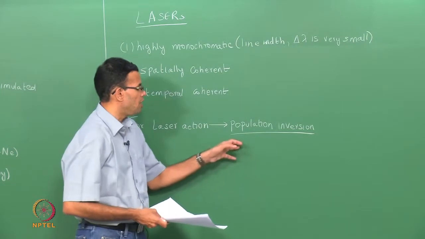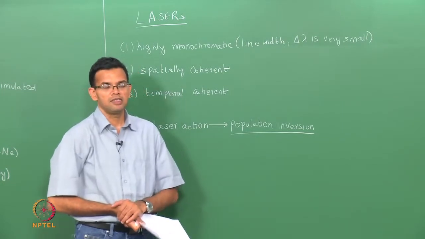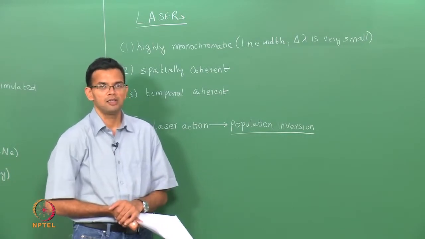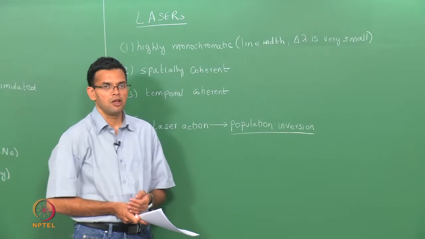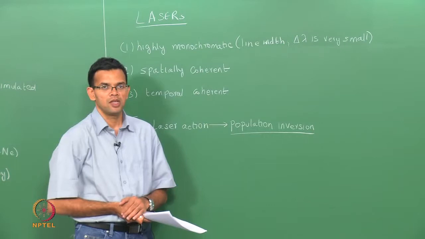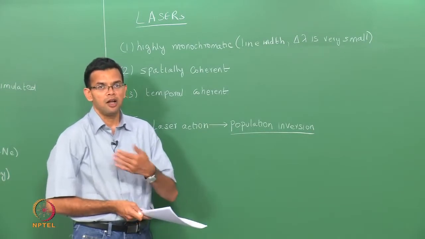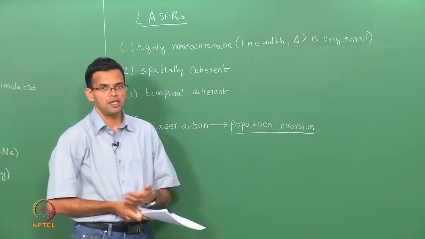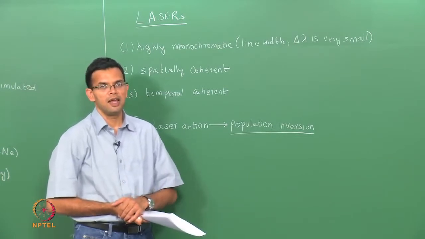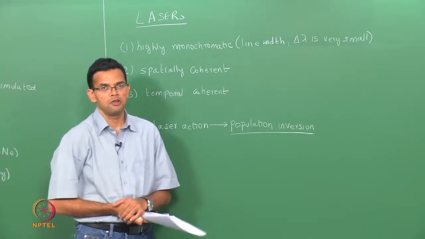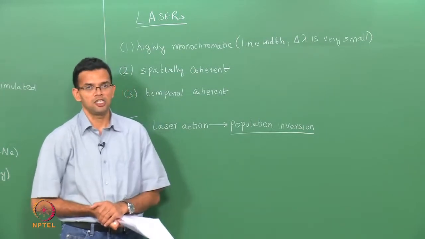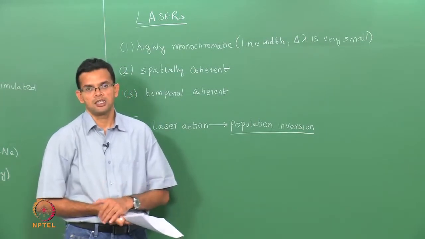When we achieve population inversion, we have an incident radiation that strikes your material. This is the stimulated emission part. This incident radiation causes the particles to go from the excited state to the ground state, and when they do, they emit an output radiation which is in phase with the incident radiation. So this leads to stimulated emission and basically is responsible for the laser action. So we need to create a population inversion in the system before laser action occurs.